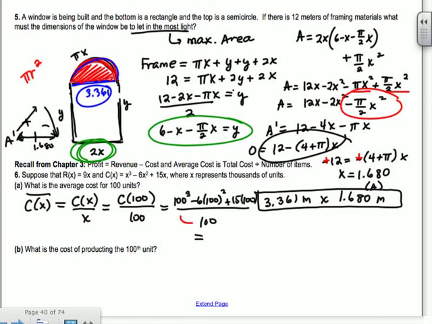So if I take the 100 into each one, I'd have 100 squared minus 6 times 100 plus 15. So 100 squared is 10,000 minus 6 times 100, so 600, plus 15. So I just kind of shortcutted. You don't have to do that, but. So 9415. Okay, so that's the average cost for each item. You with me? You don't have to bring the 100 in. You can do it the long way.